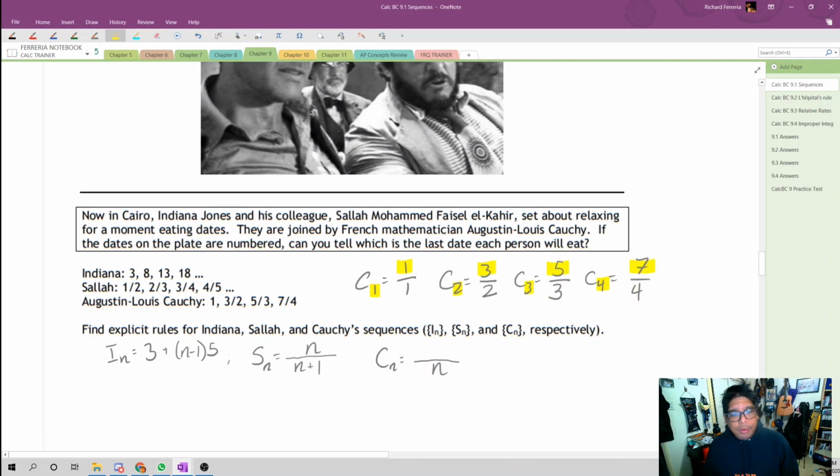Looking at the numerator, it is an arithmetic sequence, 1, 3, 5, 7, where the first term is 1 and the common difference is 2. So we can put the arithmetic sequence formula in the numerator now. That gives me 1 plus n minus 1 times 2, or 2n minus 1. So those are the three explicit rules for Indiana, Salah, and Cauchy.